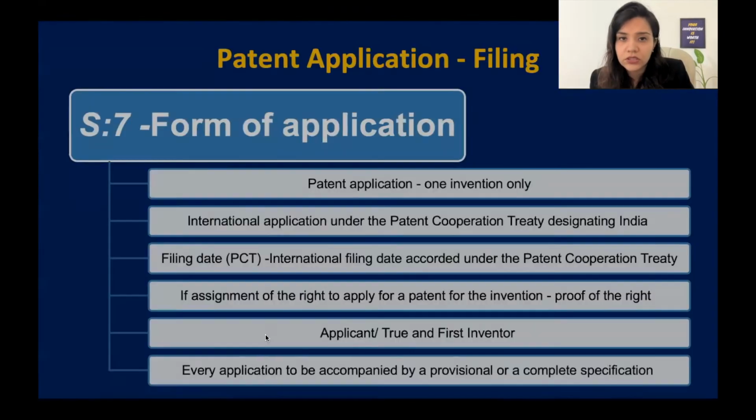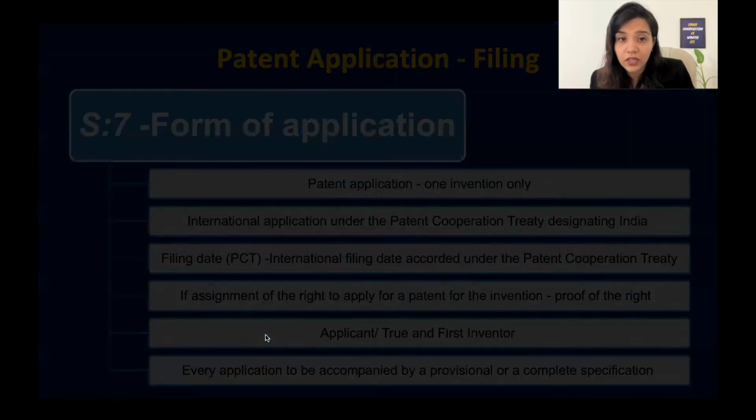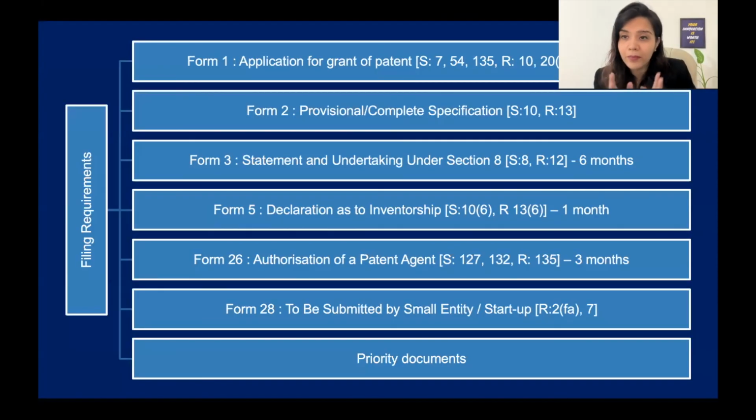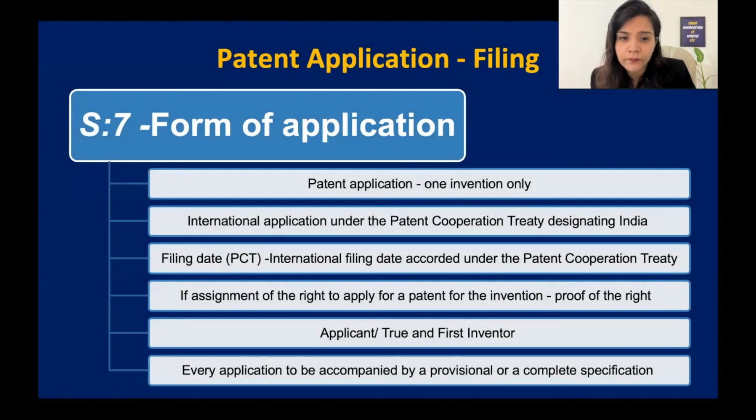So this is all about what things are required for filing. And remember these forms, you cannot skip them: Form 1, Form 2, Form 3, Form 5, Form 26 in all cases, Form 28 whenever we have a special case, and priority documents whenever we are claiming priority from a foreign patent application.